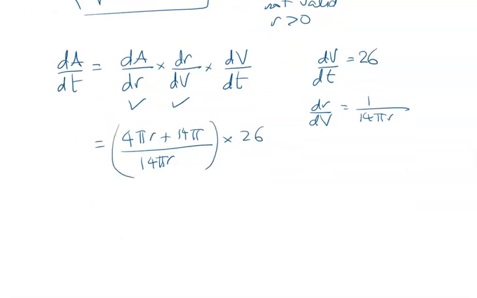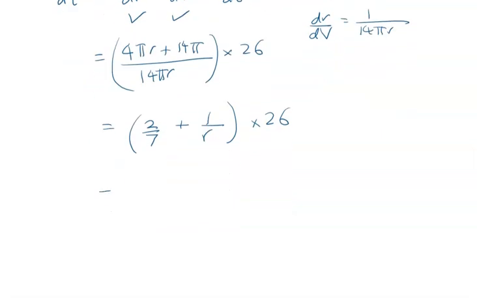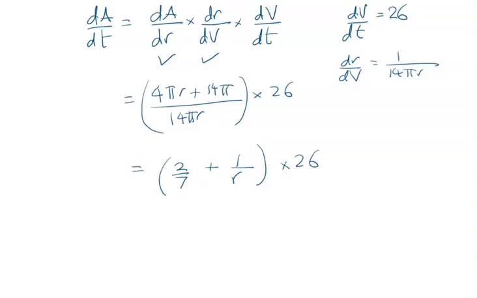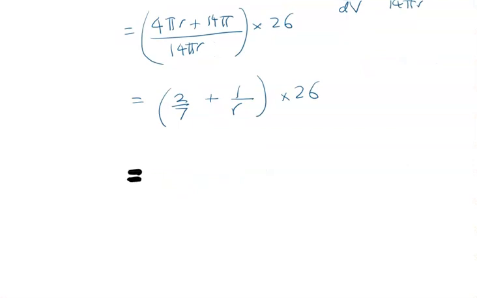You can either substitute in your r now and bung it all in your calculator, or you can do a little bit of cleaning up. We get 2/7 for that first term, and then 1 over r, times 26. Not too much messy substitution. We now pop in 3.018. Sorry about that, my laptop did the weird glitching thing.